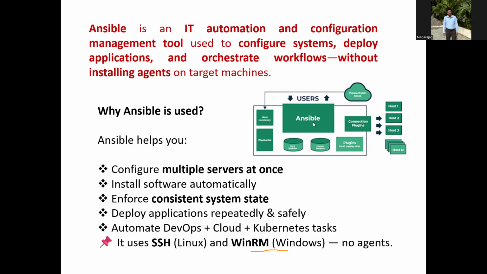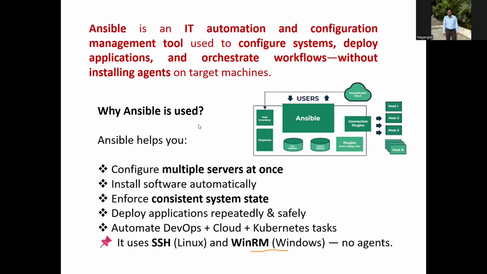We can say Ansible is an IT automation tool and configuration management tool, always helpful to configure systems, deploy any kind of applications, and orchestrate workflows without installing special agents on our target machines.